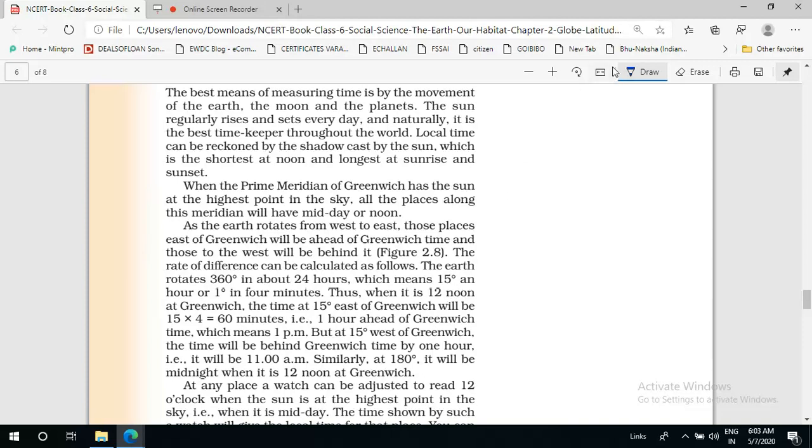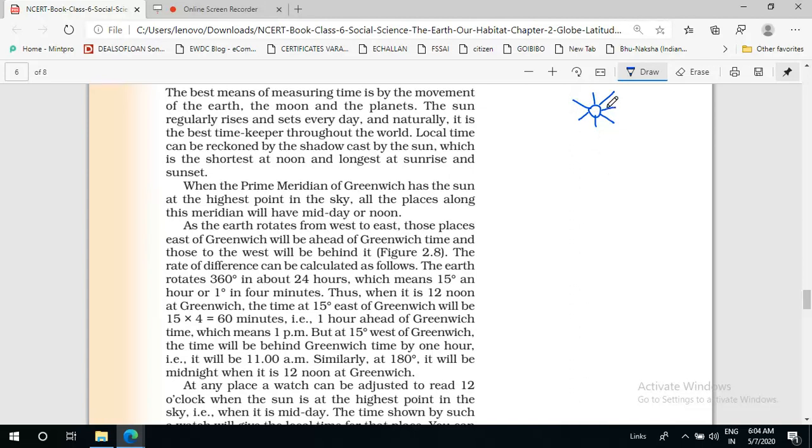You can feel this if the sun is here. These are the rays of the sun, as you draw a picture of the sun in the same way. These are the rays. Now, we will see how the length of the shadow differs with the position of the sun.